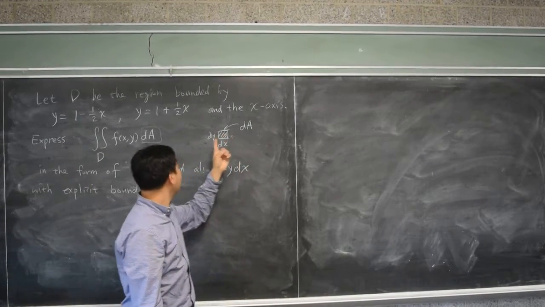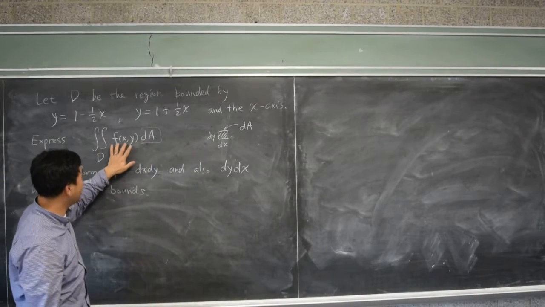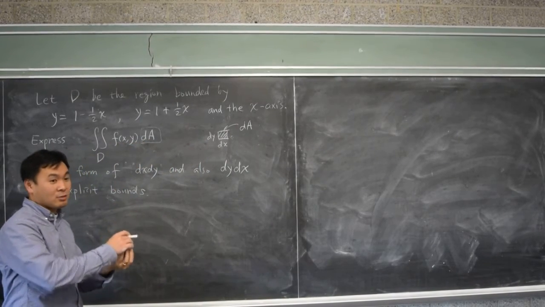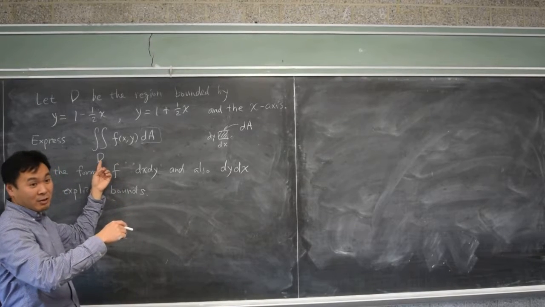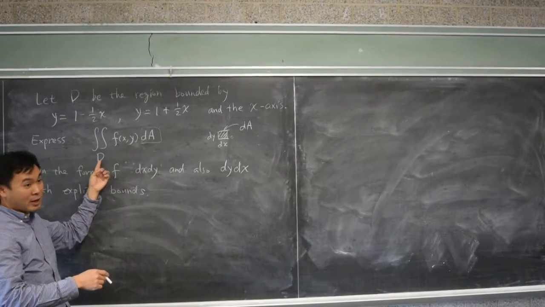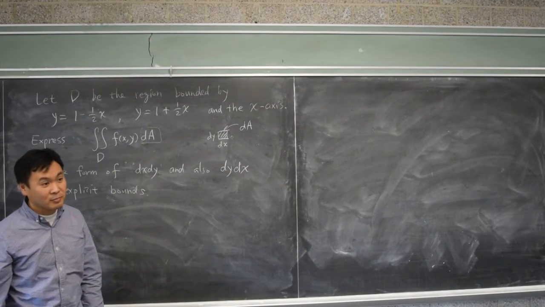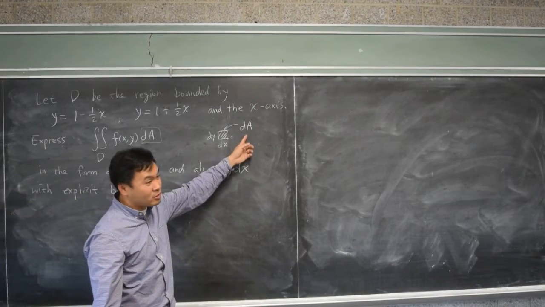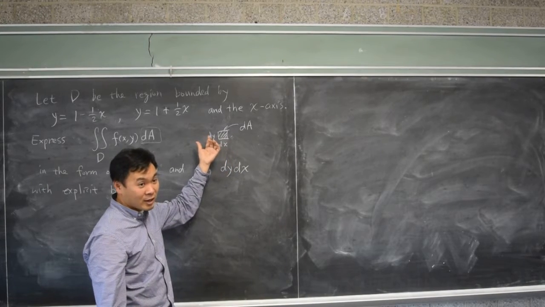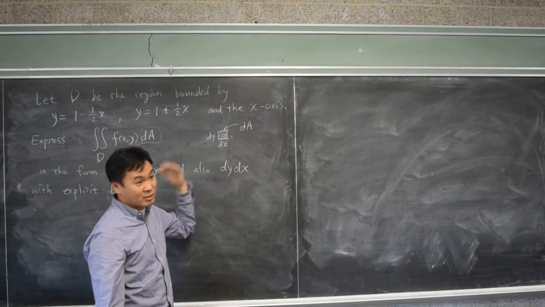If you multiply this dA with the height, you get the volume of the column, and you're adding up every column volume over this domain D, so you get the volume under the curve. That's what this means. And therefore, dA could sometimes be written as dx times dy, or it could also be written as dy times dx.